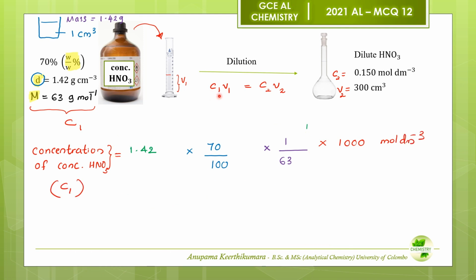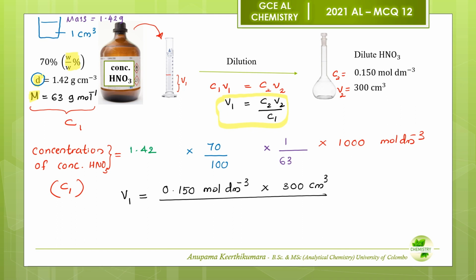C1V1 equals C2V2. Therefore, V1 equals C2V2 divided by C1. Substitute values into this equation to get the answer for this question. V1 equals C2, which is 0.150 moles per cubic decimeter, times V2, which is 300 cubic centimeters, divided by C1.